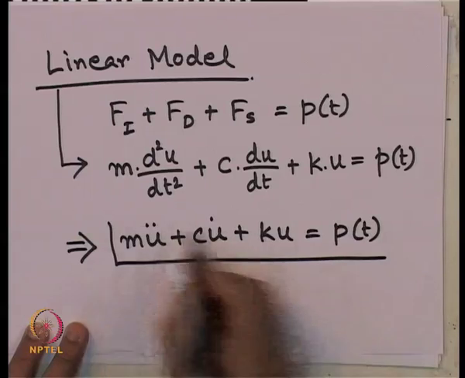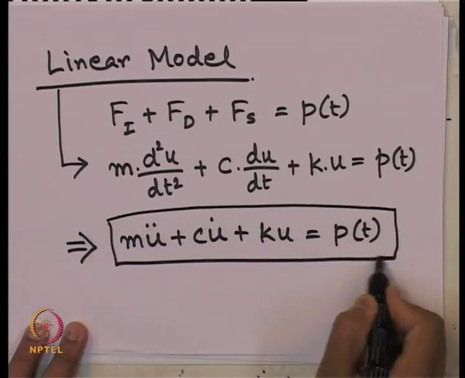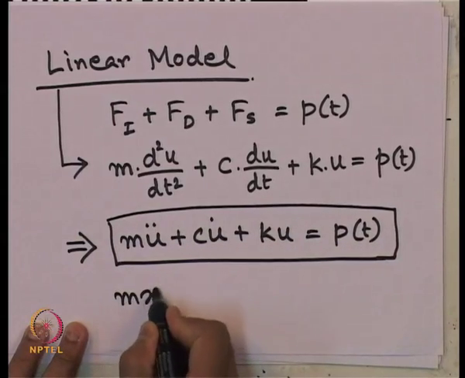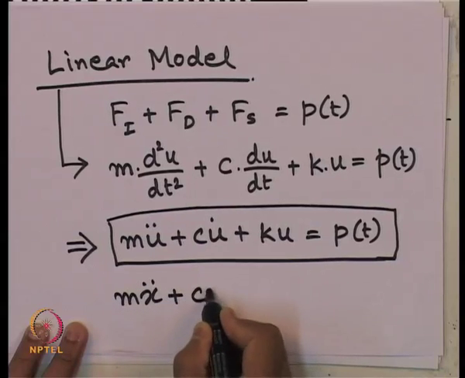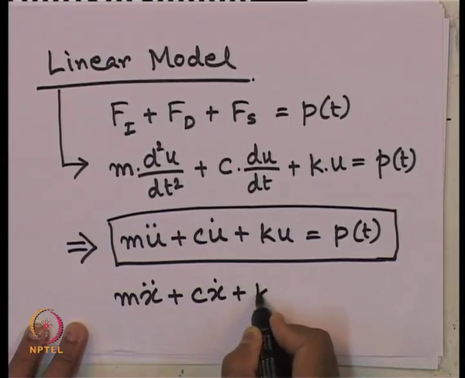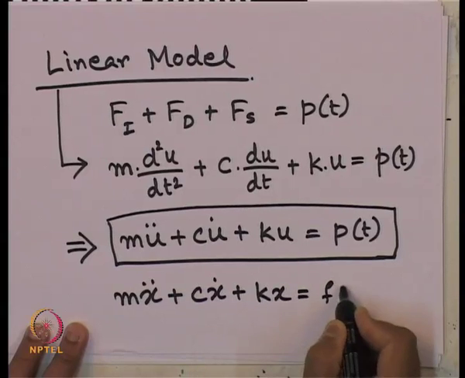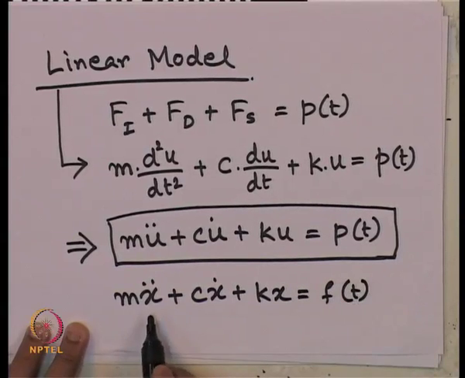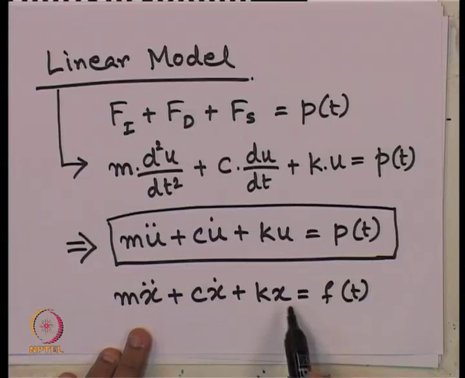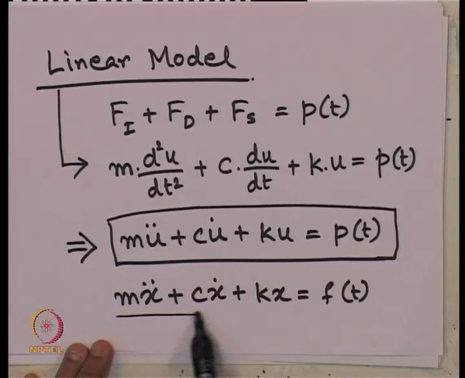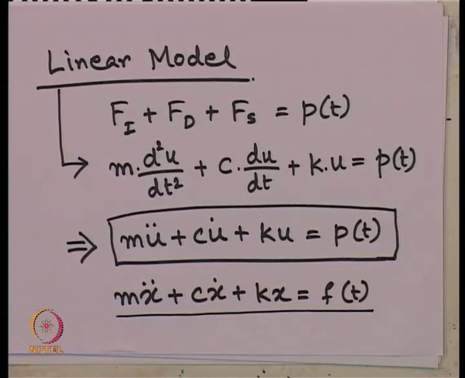The same thing in some books can be written as m x double dot plus c x dot plus k x equals f of t. The same thing is written using different notations. That is, instead of u for the displacement, x is considered as displacement. In that case, the same relationship can be written in this format.